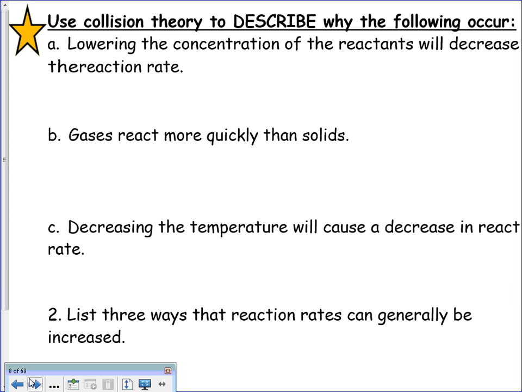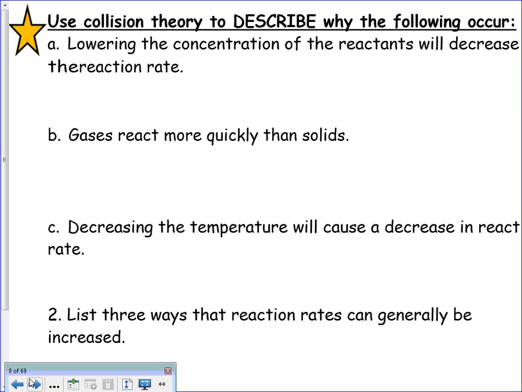Fewer reactants, which means there won't be as many collisions. No, they're all true. You have to tell them why.